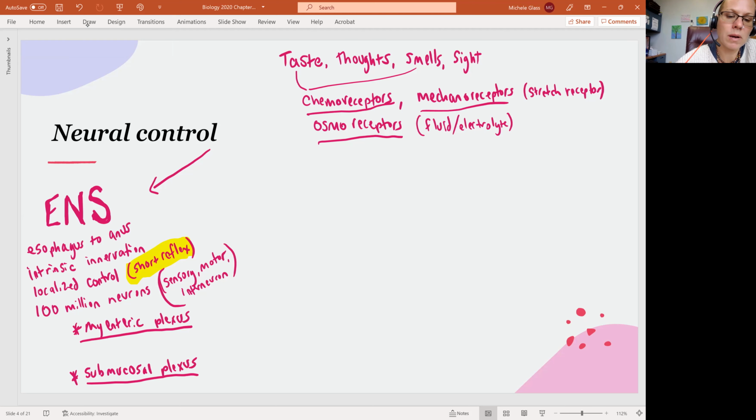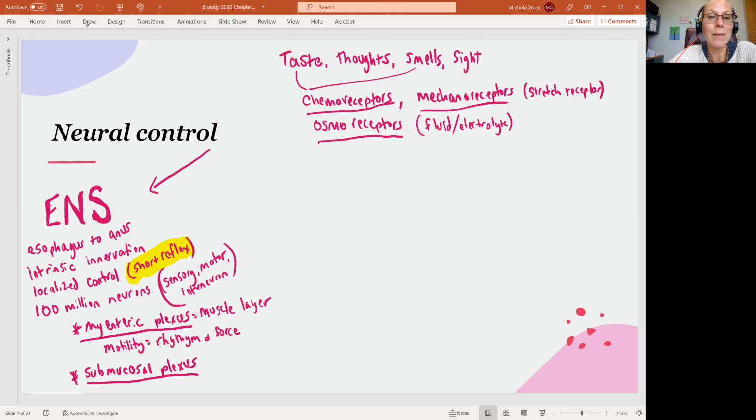And so when we're talking about the myenteric plexus, this of course is located in the muscle layer. The myenteric plexus is going to be controlling then motility. And we're talking here about both the rhythm and the force of those contractions.